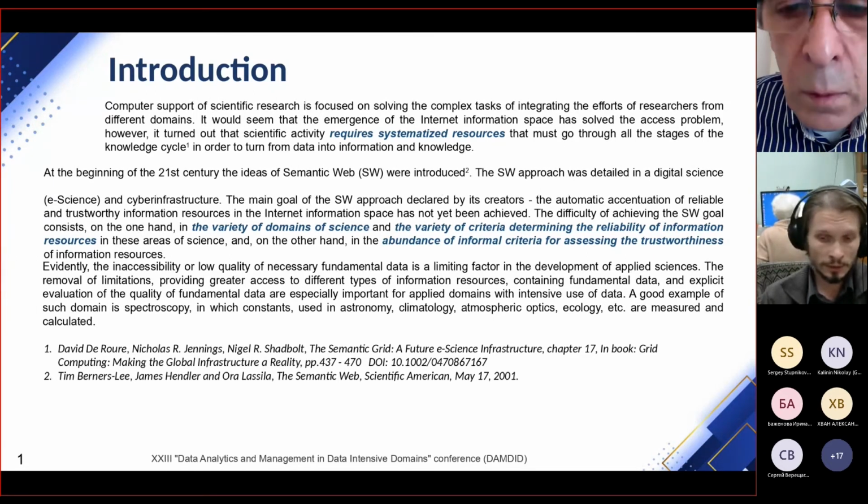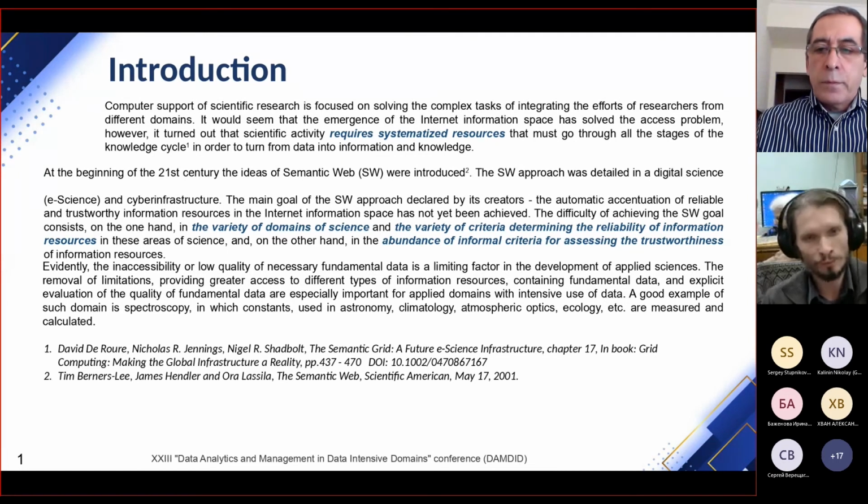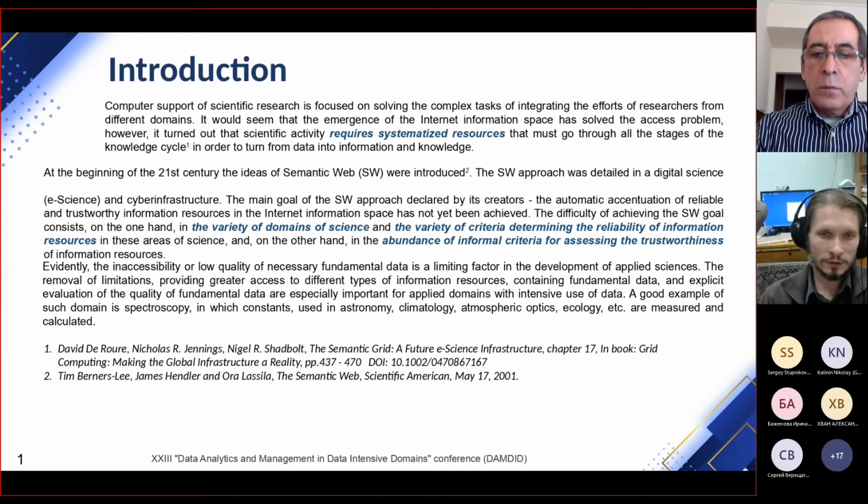At the beginning of the 21st century, the World Wide Web Consortium introduced the semantic web approach. The main goal of that approach was to provide automatic identification of reliable and trustworthy information resources on the internet. But this lofty goal has not yet been achieved, and that's primarily because of two things.